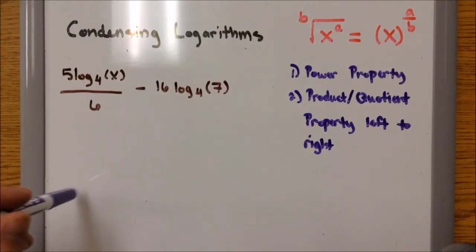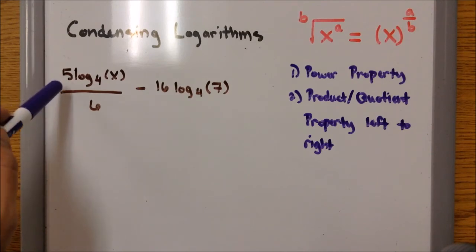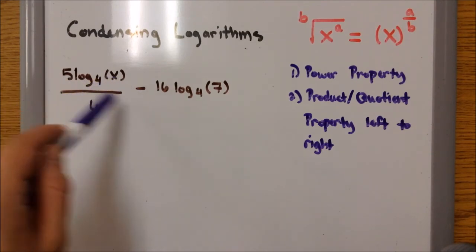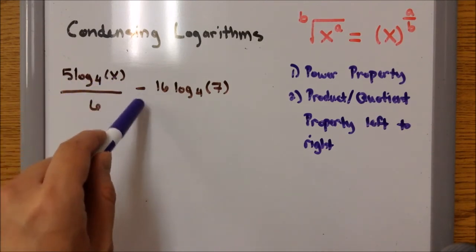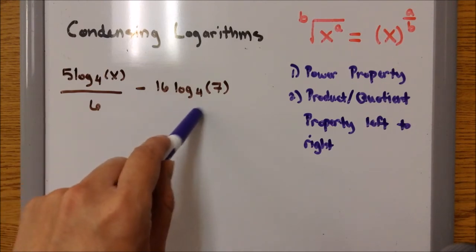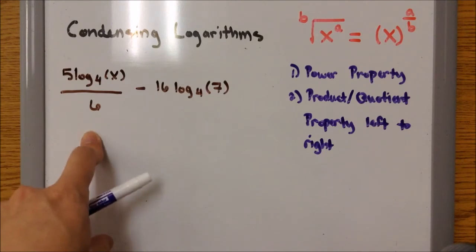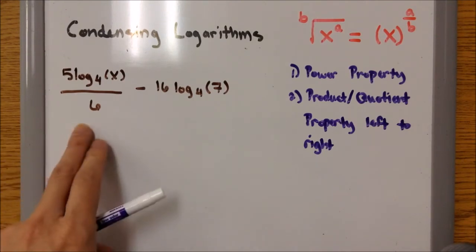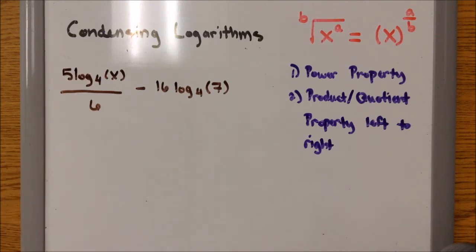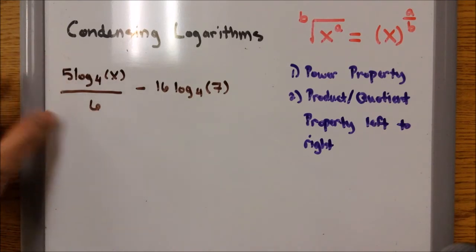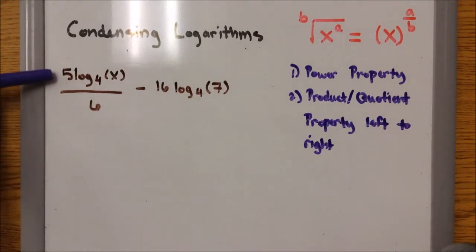Alright, so example 4, we have 5 log base 4 of x divided by 6 minus 16 log base 4 of 7. So here we do have a fraction. So what I'm going to do is just like in example 2, I'm going to factor out the fraction. In this case we do have a number in front of log, so that number will be the numerator, while this will be our denominator.